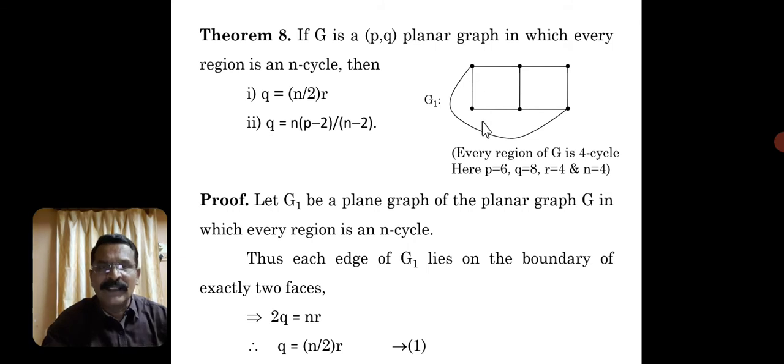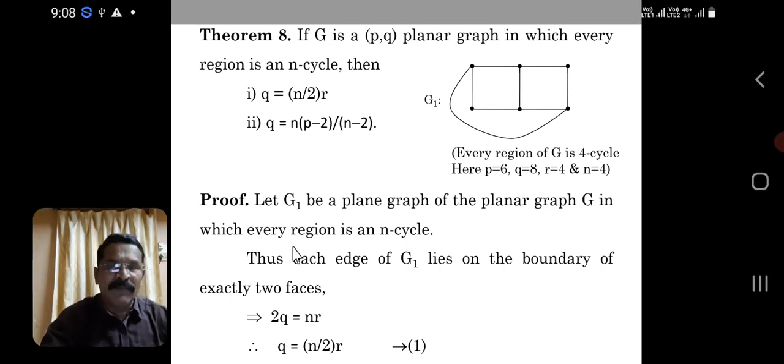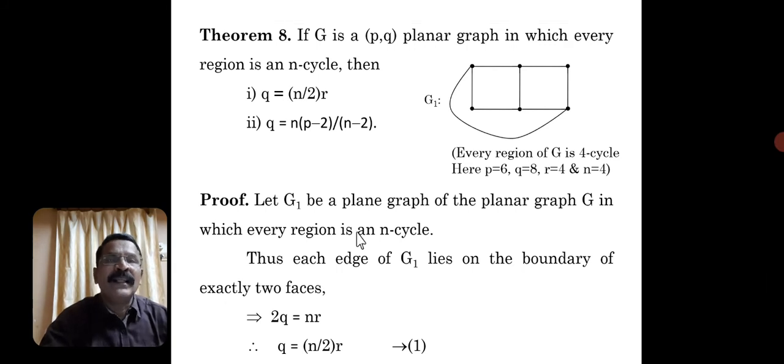So every region, it may be interior region or it may be exterior region, every region or every face is a 4 cycle, meaning it's a cycle of length 4. So if you consider this example in particular, here every region of G is a 4 cycle.